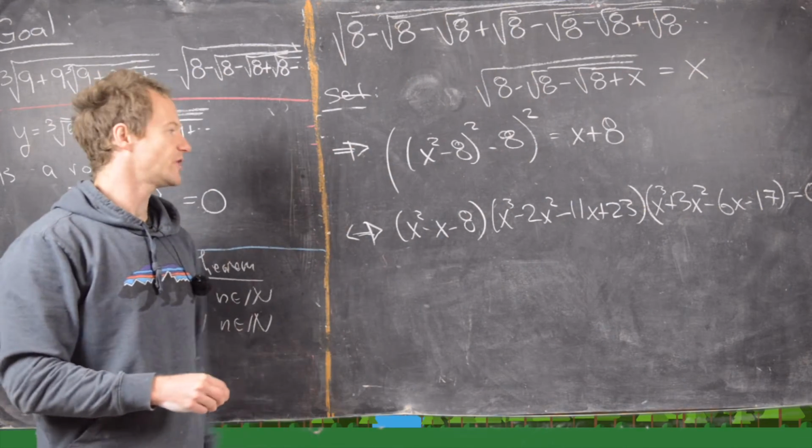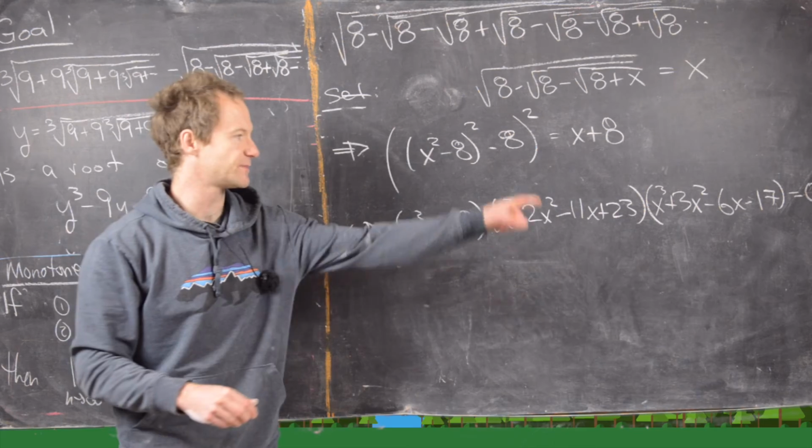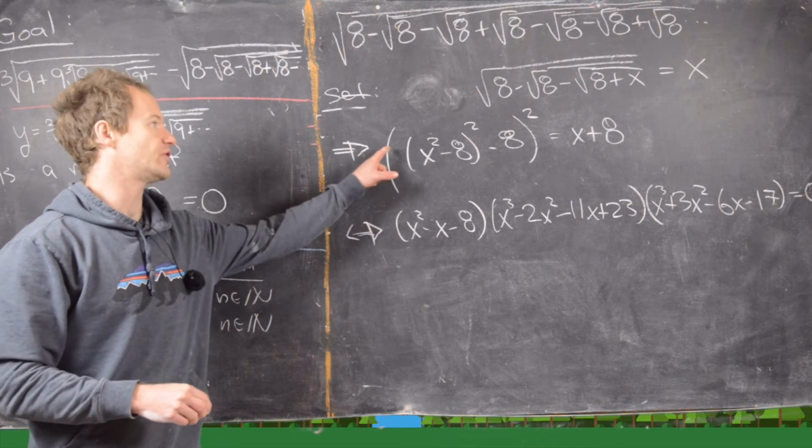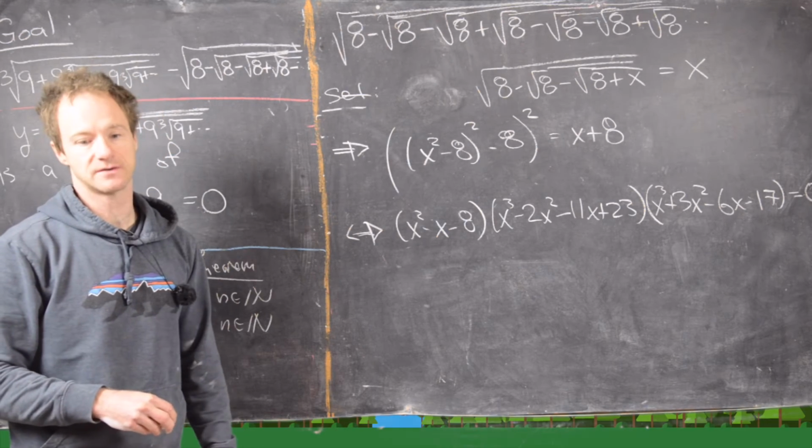Now you can check, if you want, that if you multiply this big polynomial product out, you regain this equation.